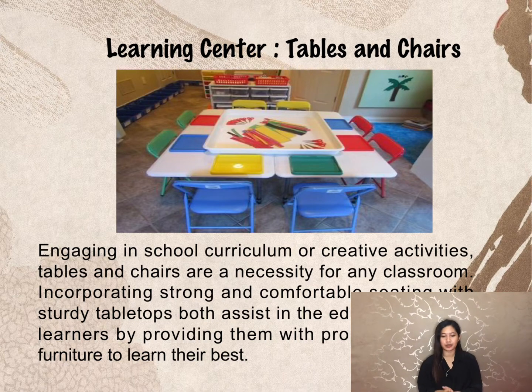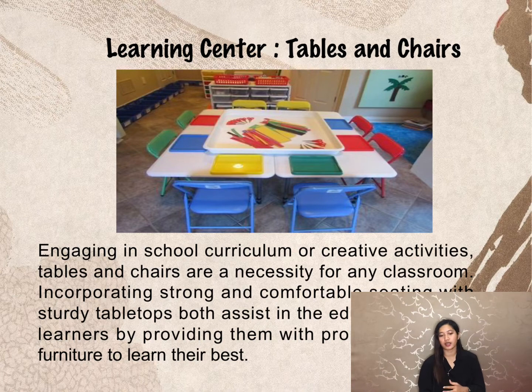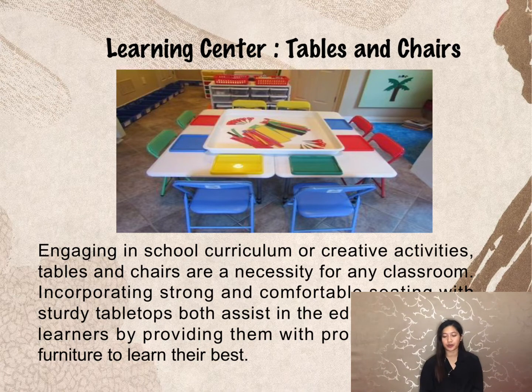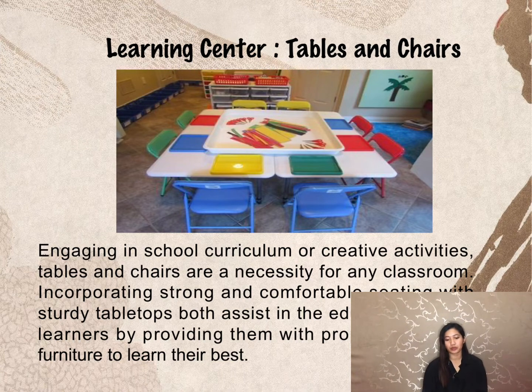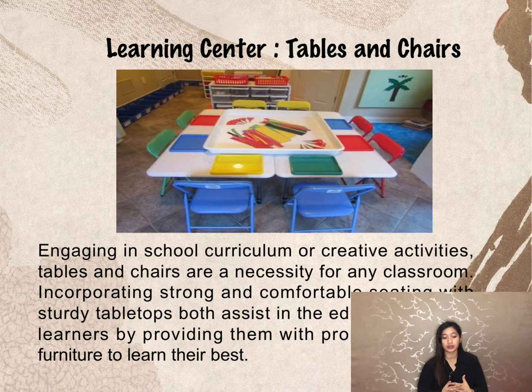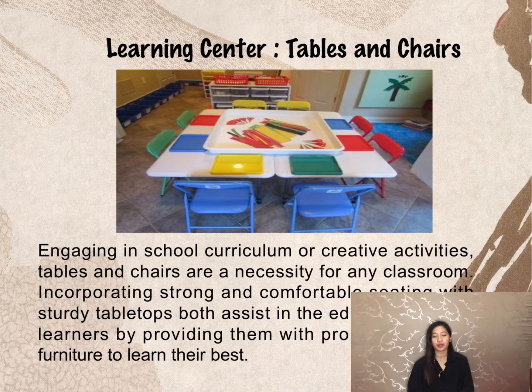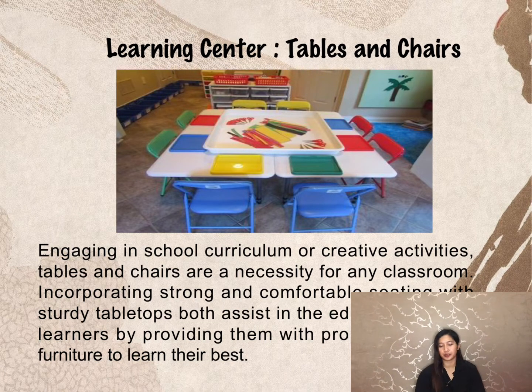In the learning center, tables and chairs are a must. Engaging in school curriculum or creative activities, tables and chairs are a necessity for any classroom. Incorporating a strong and comfortable setting with sturdy tabletops assists in the education of little learners by providing them with proper classroom furniture to learn their best.